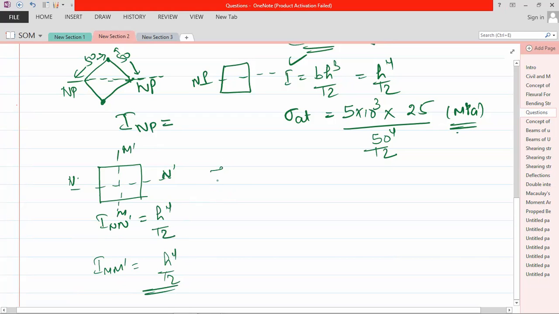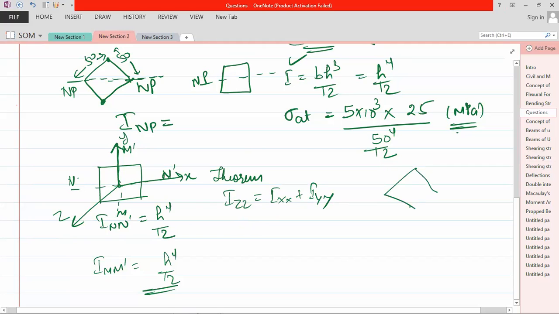Now, I hope you know the perpendicular axis theorem in mechanics: Izz is equal to Ixx plus Iyy. Suppose this is x, this is y, and perpendicular to this is z. So Izz is equal to Ixx plus Iyy. Now if I rotate this, okay, this is your x-axis, this is your y-axis, and this is your z-axis.